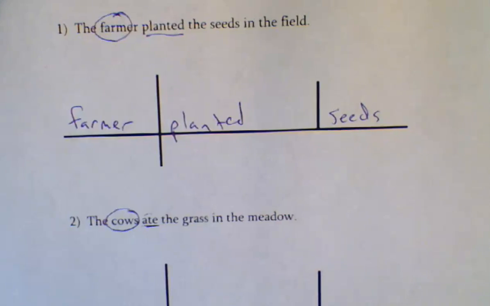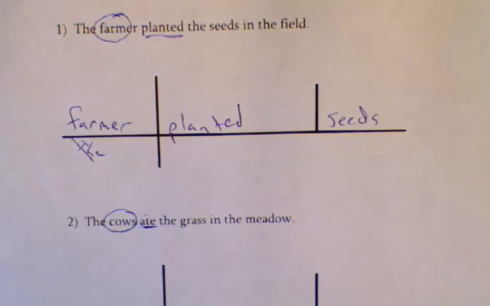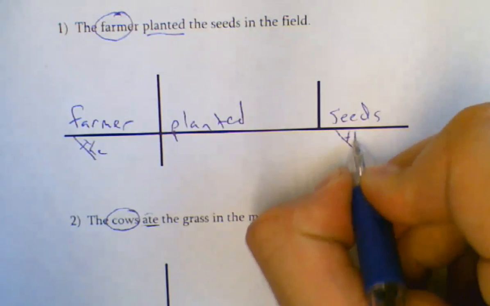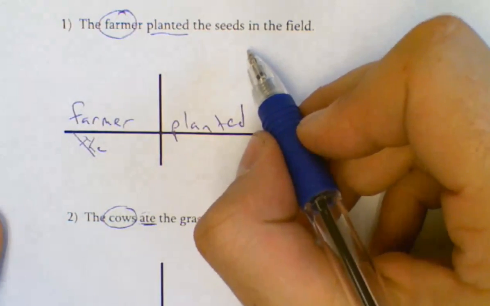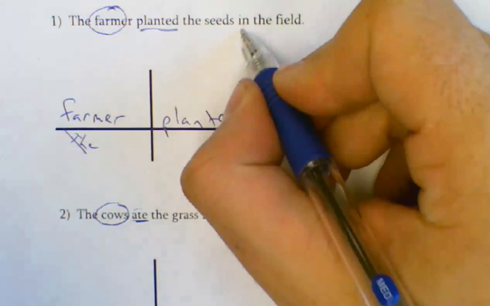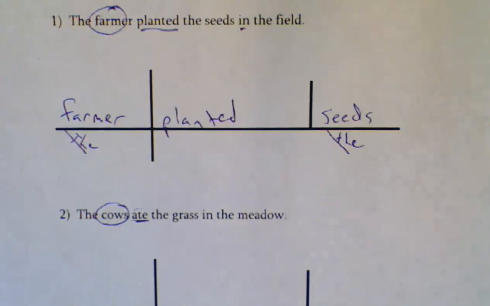And then the, to make things fall into place here, is modifying farmer. The is modifying seeds. Now, the poop here, we say poop because preposition and object of preposition. Preposition is in, object of preposition is field.